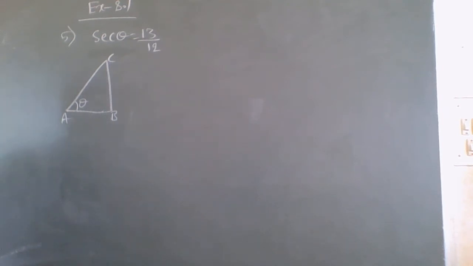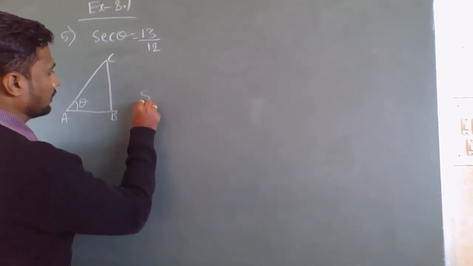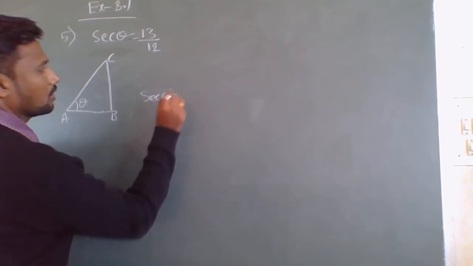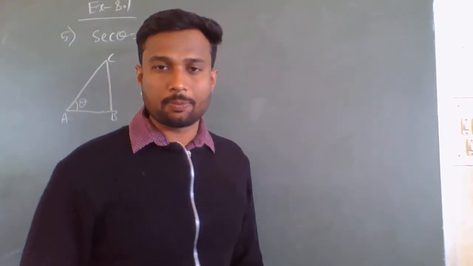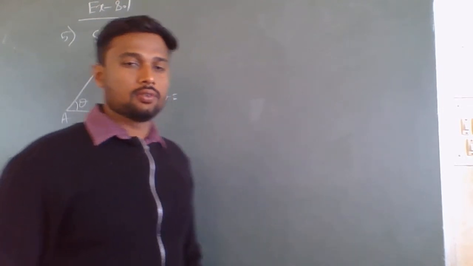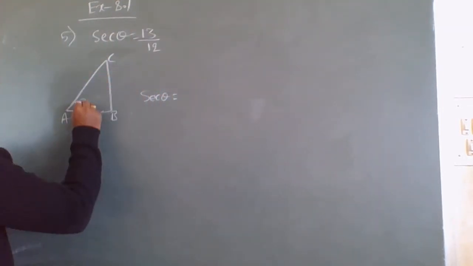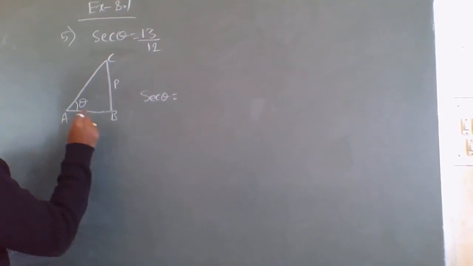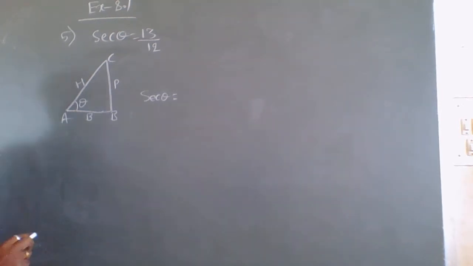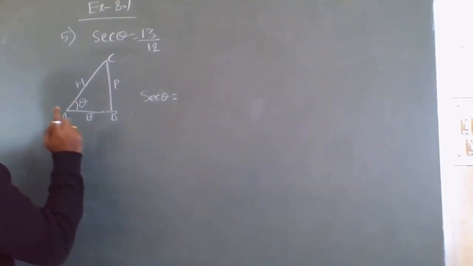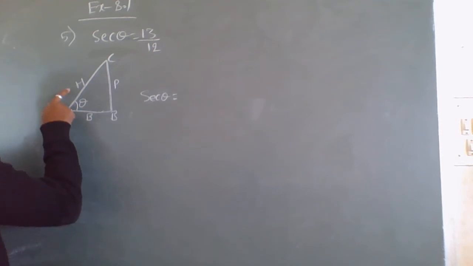So here, what is sec theta? You all know that sec theta is the reciprocal of cos theta. Opposite to theta is the perpendicular, adjacent to theta is the base, and this is the hypotenuse.